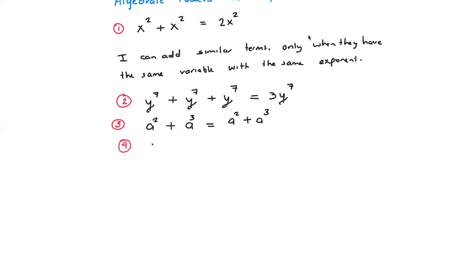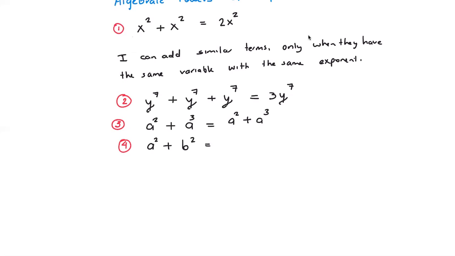What about this one? What will you do if someone asks you to add a to the second plus b to the second? Will you be able to add that? Maybe you can put a and b close together.